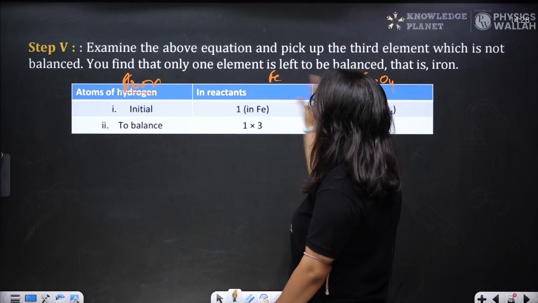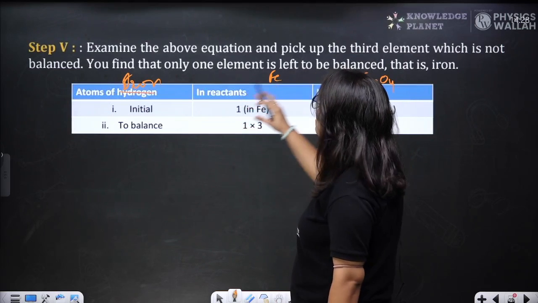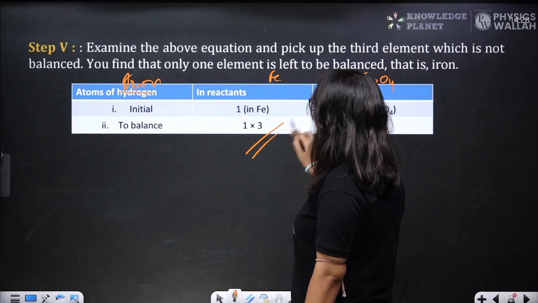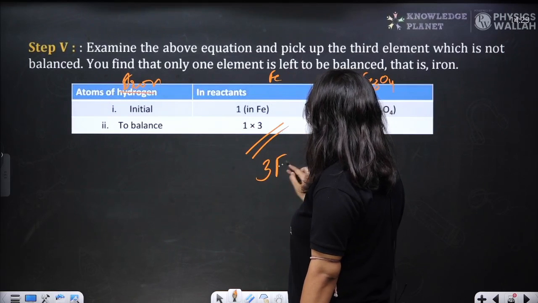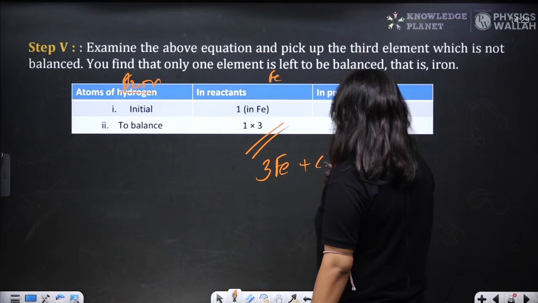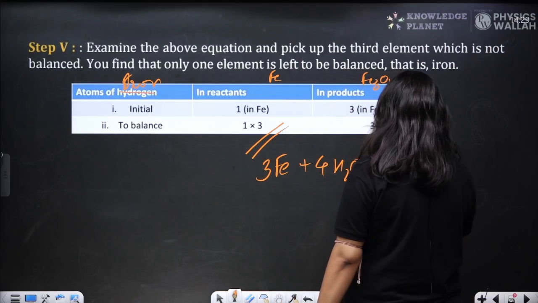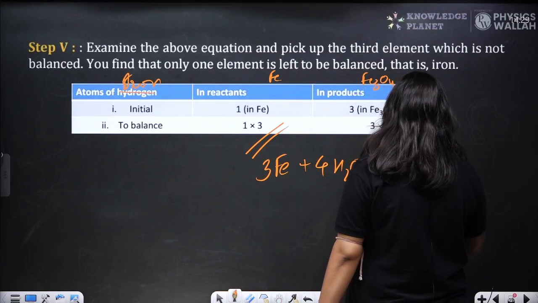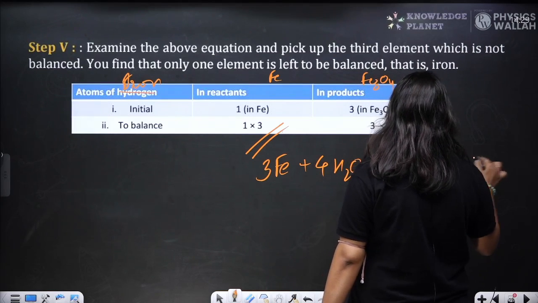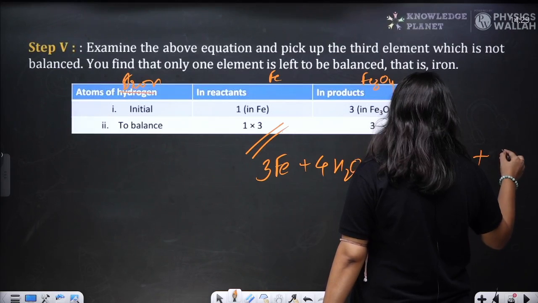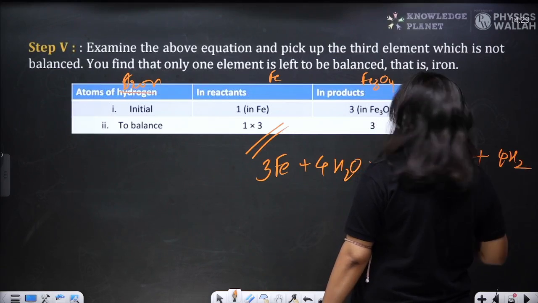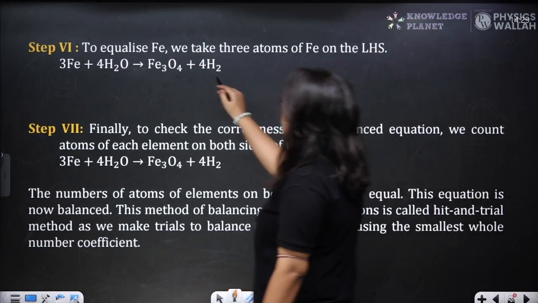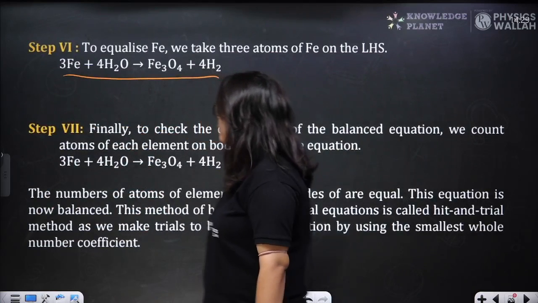We can make the reactant equal to products by multiplying the reactant with 3, and we get 3Fe plus 4H2O gives rise to Fe3O4 plus 4H2. This is what you see is our balanced equation.